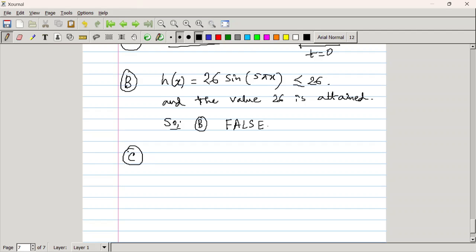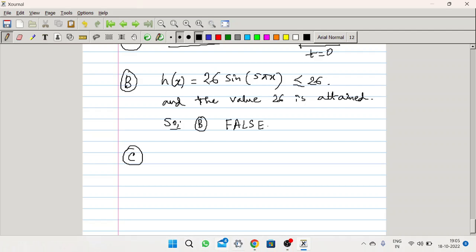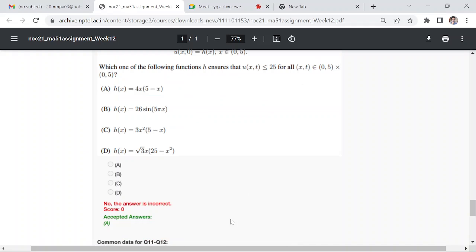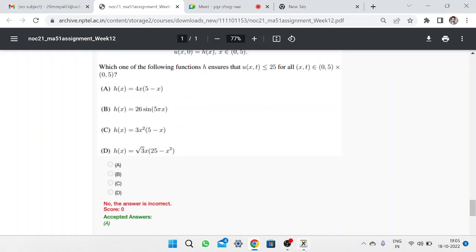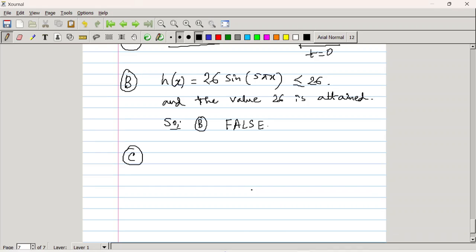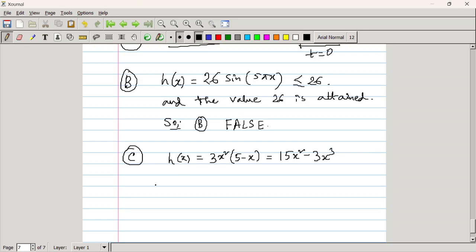Option C is given: h(x) equal to 3x squared into (5 minus x), so that is 15x squared minus 3x cubed.